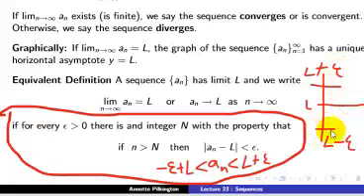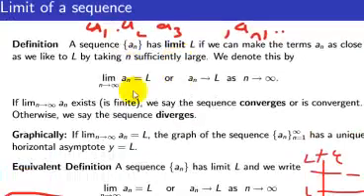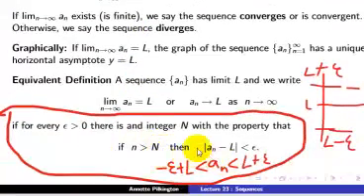So the terms after this number are within this ribbon. This is the definition of limit of a sequence, right?